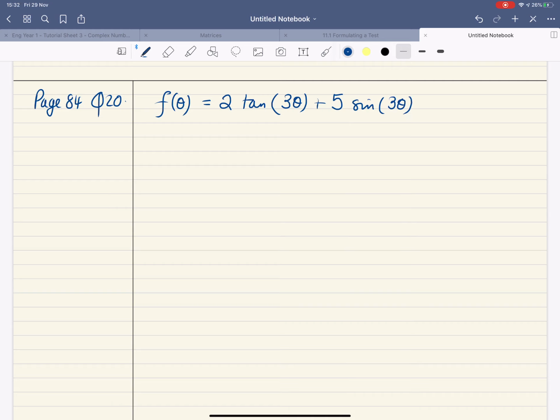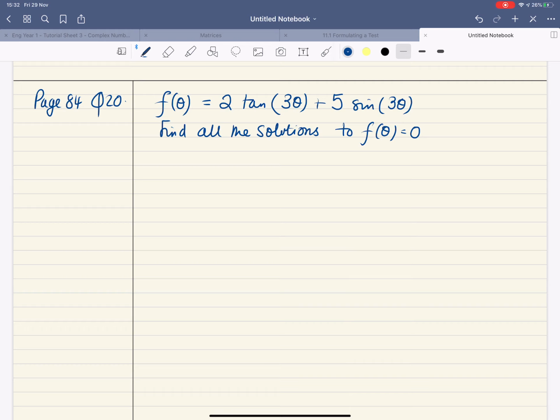Okay, and then it says find all the solutions up to f of theta equals 0 in the range for theta between 0 and 180 degrees.